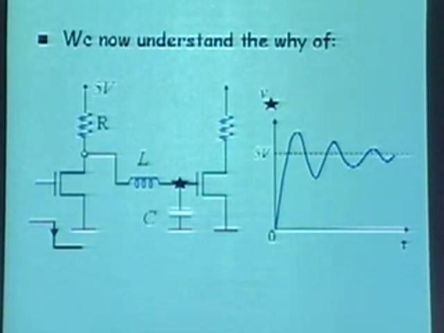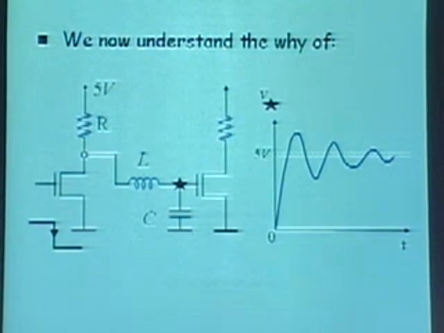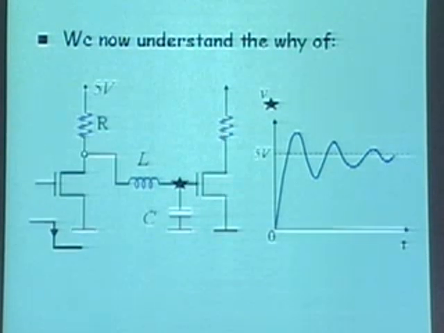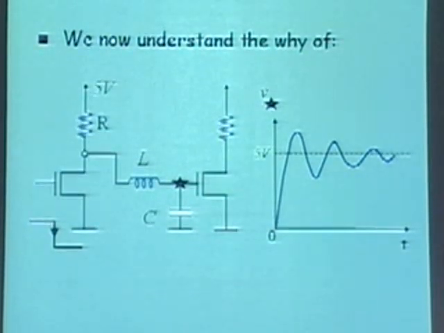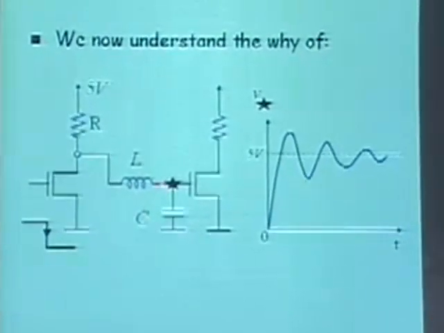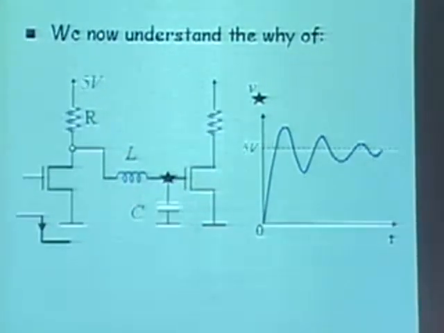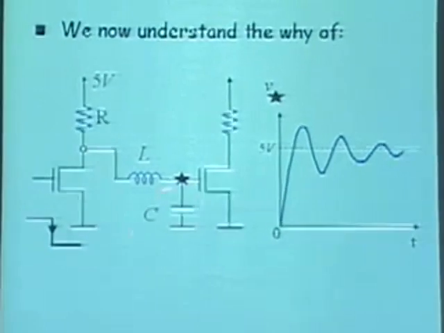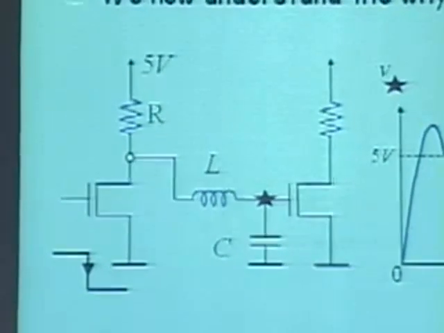And much like a pendulum, which oscillates back and forth, swaps energy between its potential energy versus kinetic energy, and swings back and forth. In the same way, in an LC circuit like this, energy swaps back and forth between a potential energy and a kinetic energy equivalent, which is energy stored in the inductor and energy stored in the capacitor, and sloshes back and forth.